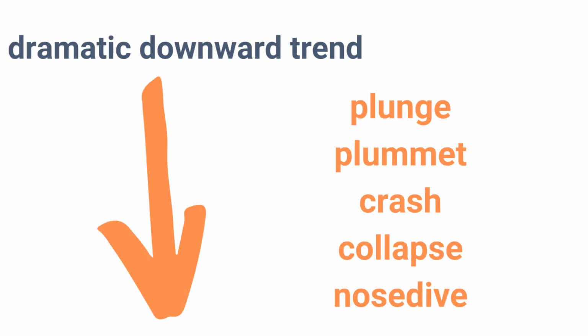And then if we turn to a dramatic downward trend, the opposite, then we've got plunge, plummet, crash, collapse, nosedive. So besides upwards and downward trends, we can also have trends that go across. And one of these trends that goes across is the aspect of being stable.